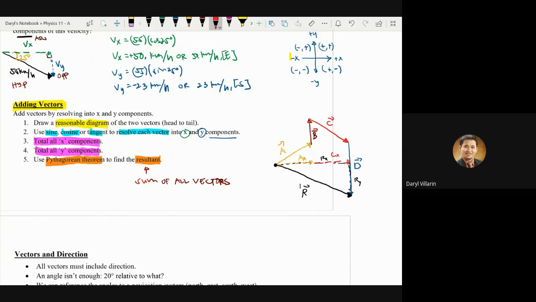And for my y, everything going up here for my Ay is being countered by this Dy that is downward, and this By is being countered by whatever is my Cy. Essentially that just becomes this triangle here for my R downward.